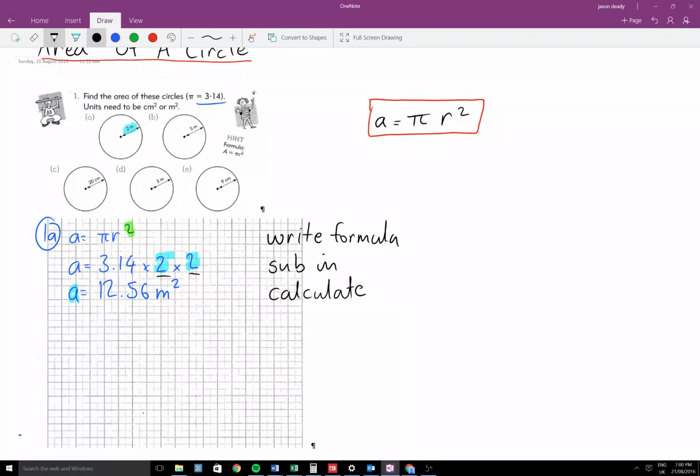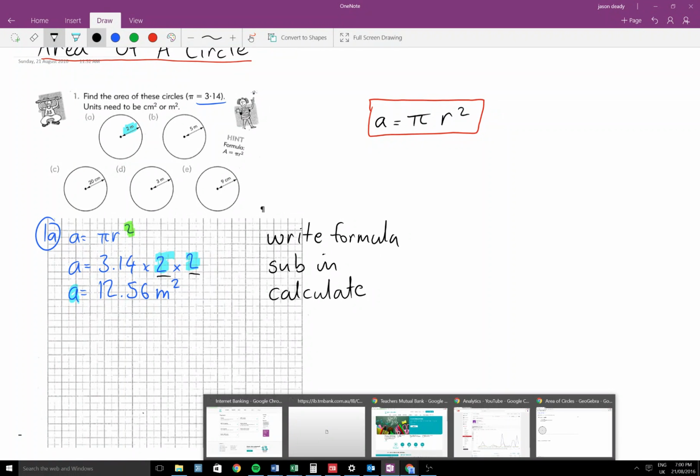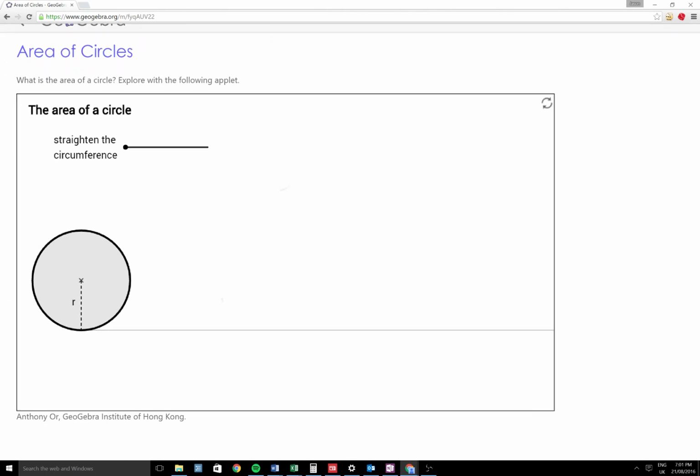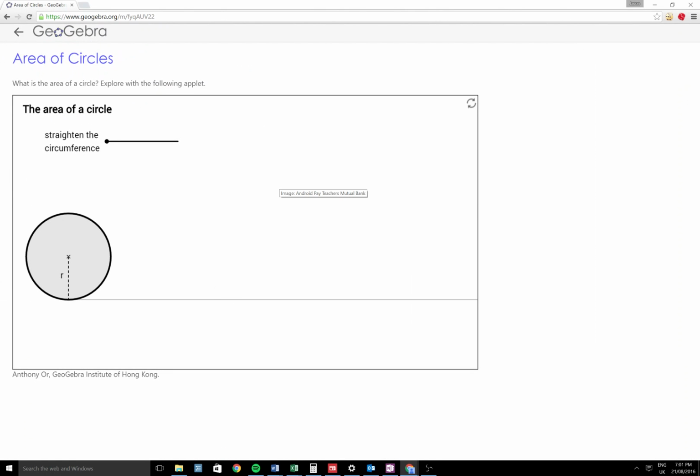Just for those people that are keen to know how this stuff works, which I find really fascinating, we've got this diagram here, and I'll make it a bit bigger so it's easier to play with. This is a demonstration of how the area of a circle works.